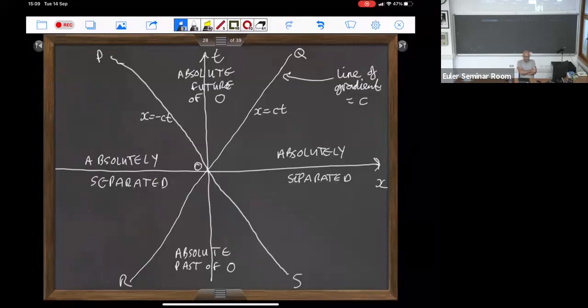Because in order to get outside of the future light cone of O, you would have to travel faster than the speed of light. Not possible. So you see that this classification of intervals into space-like and time-like leads to this structure. We sometimes call these things space-time diagrams.